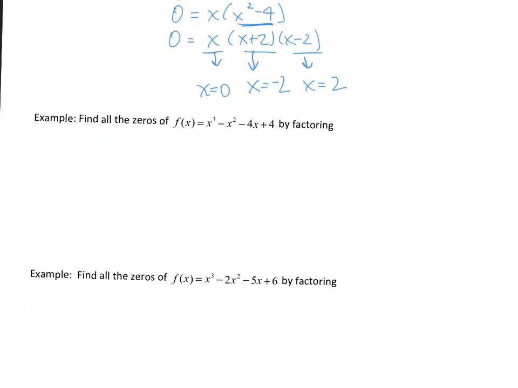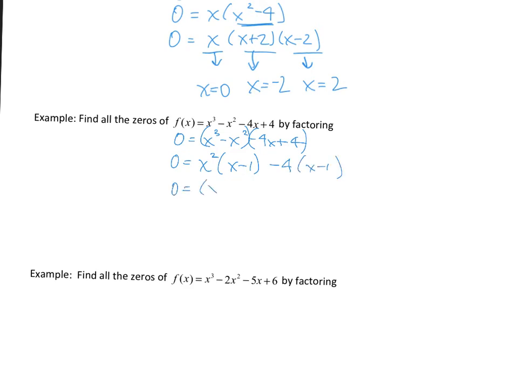Okay, again, don't forget you have so many different factoring methods. So step 1, make sure you set it equal to 0. All right, and then this is 4 terms, and I think that grouping is going to work here. So I'm going to group the first 2 and the second 2 terms. Out of the first 2, I'm going to take out an x squared, and out of the second 2, I'm going to take out a -4.